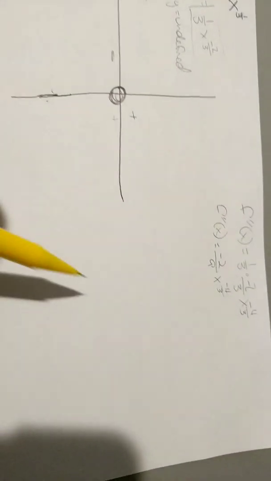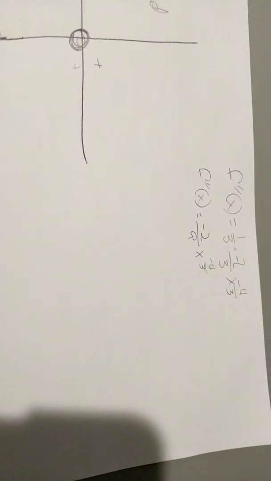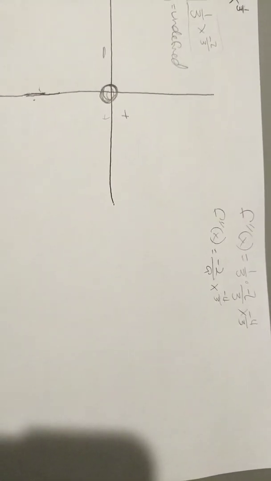We can see from here that when x is positive, x to the negative 4/3 is also going to be positive, but then we multiply by negative 2 over 9.